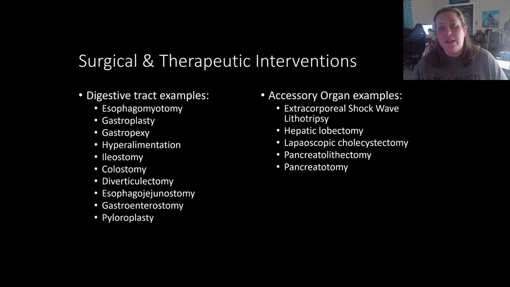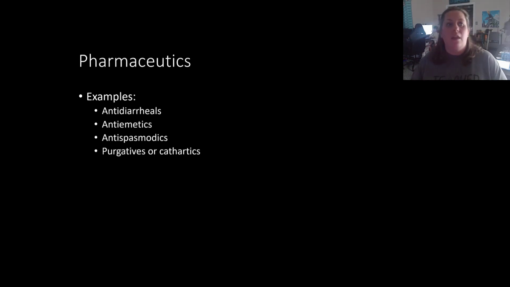With our accessory organs, we can see that you can use an extracorporeal shockwave lithotripsy. That's going to be where they use the sound waves or the laser to break up stones. We can also see that they could end up taking out the pancreas in a pancreotomy. So we've got lots of different examples of the surgical and therapeutic interventions here. And you can look at them in more detail in your book.